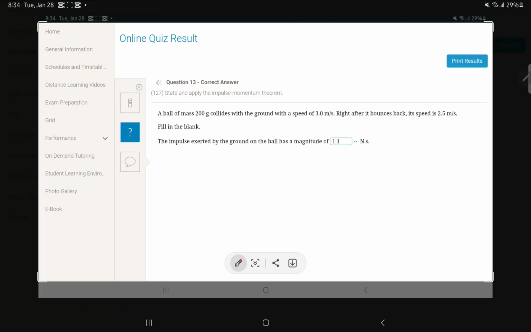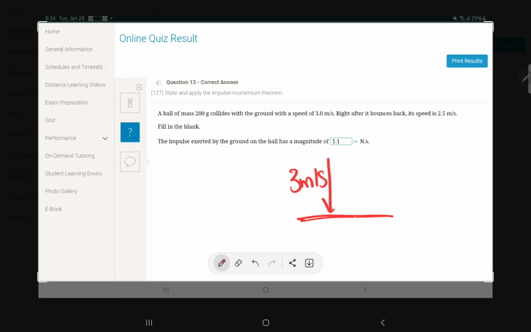Okay, let's imagine this. We have a ball. It collides with the ground at a speed of 3 meters per second, and then it bounces back up at 2.5 meters per second. Let's say that when it goes to the ground, it's negative 3, and this is positive 2.5. They want the impulse. Impulse is equal to force times time.